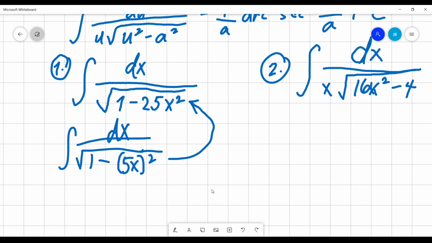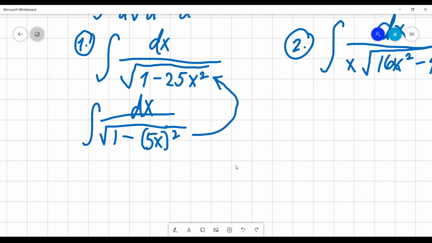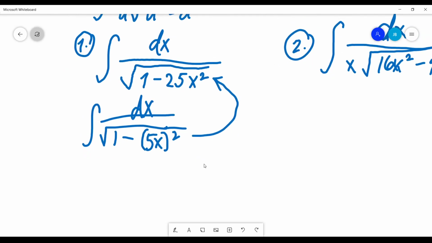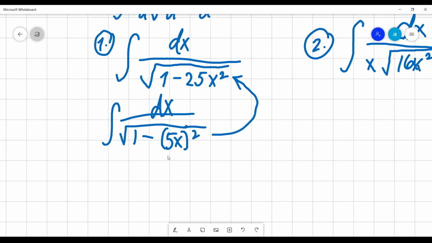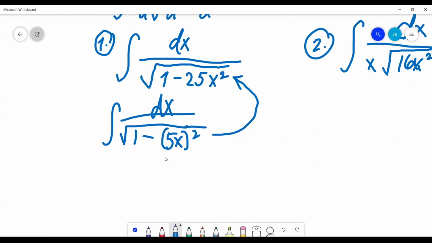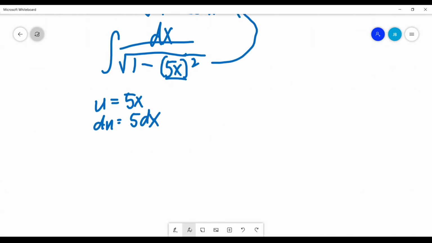Notice that we can already see that this is dx, or if you let this one as your u, so let's let 5x as u, then what's your du? That's 5 dx, right? So du over 5 is equal to dx.